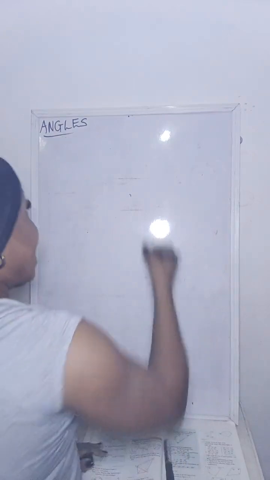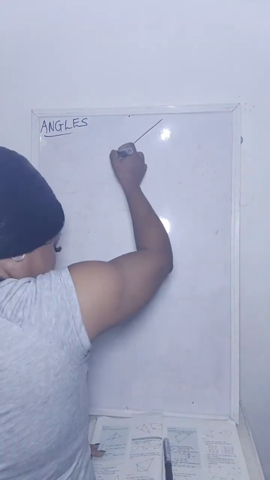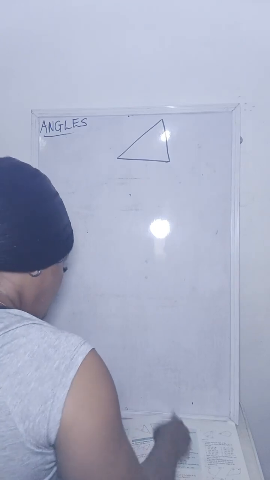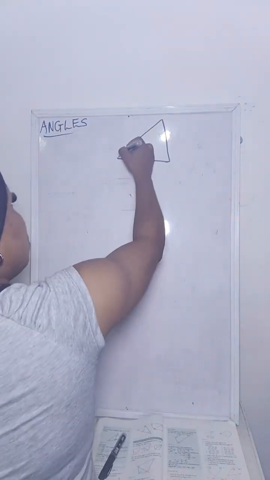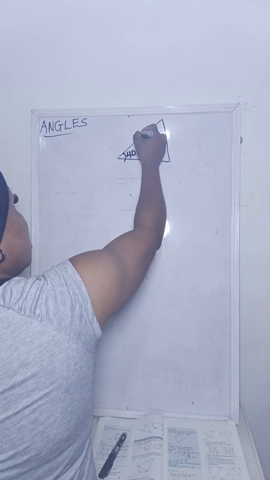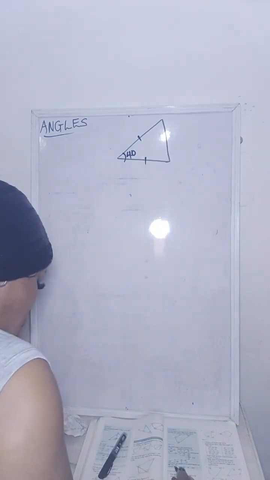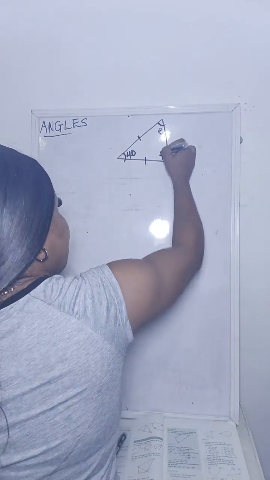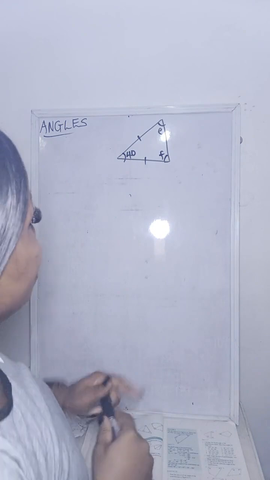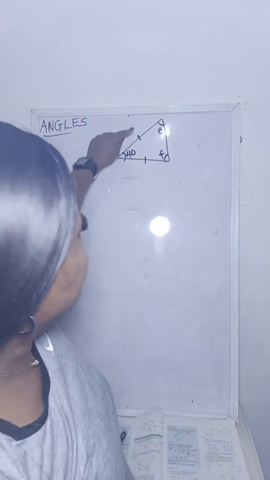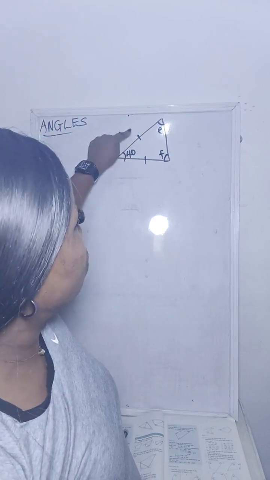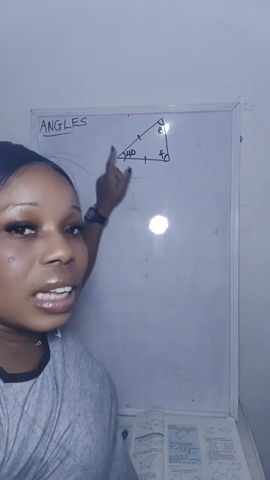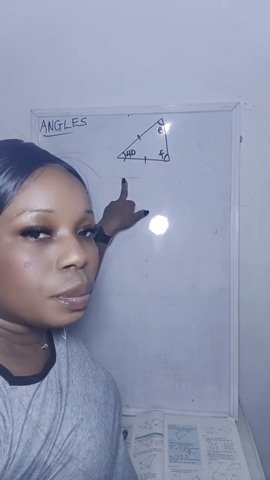Okay, so I have this. This is 40 degrees. This side and this side are equal, and then I have E, and then I have F. So one thing you need to know is that if you see these same marks on different sides, it tells you that those two sides are equal.